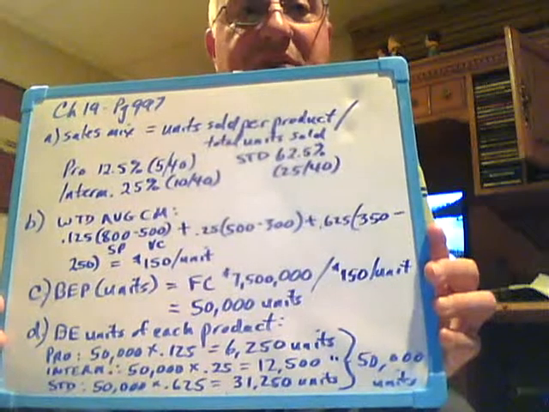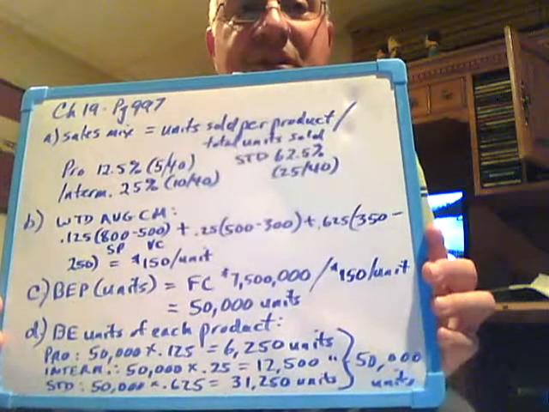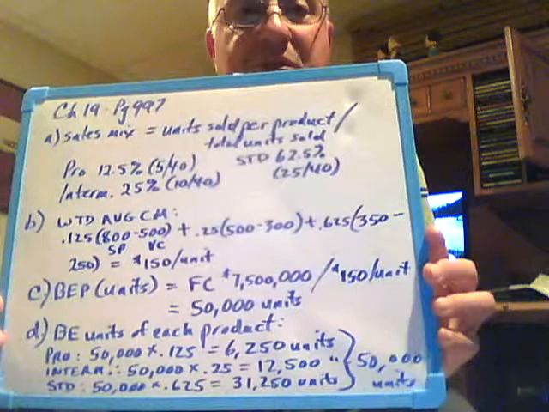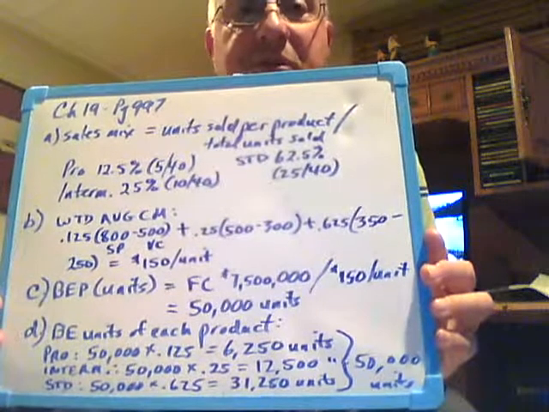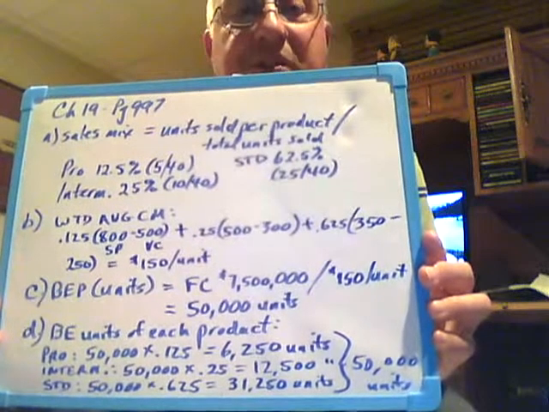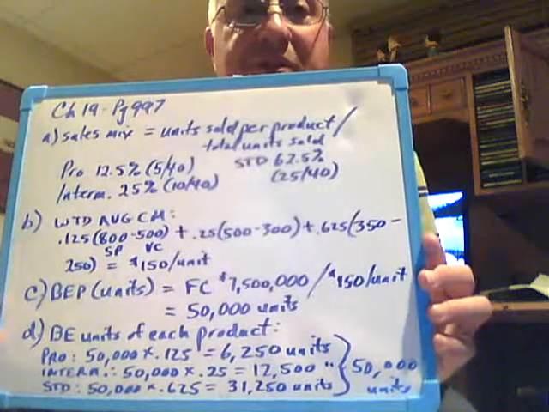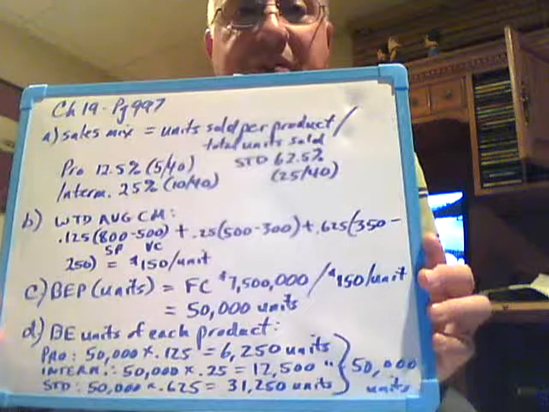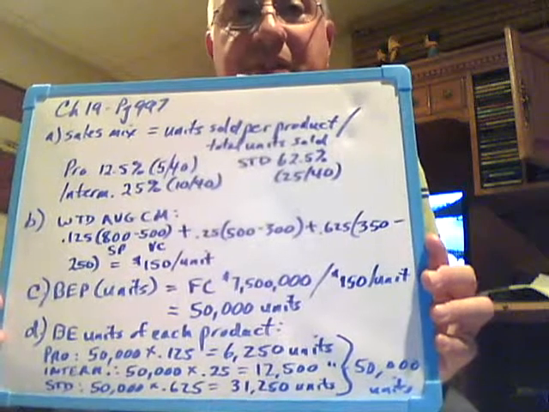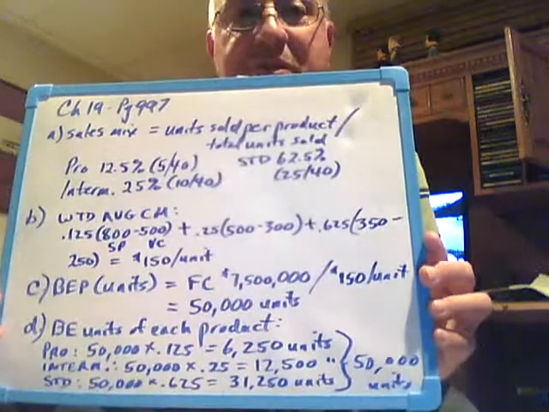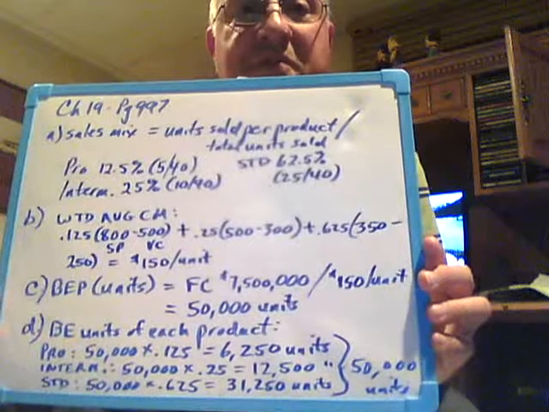And finally, the standard is 50,000 times 62.5% or 0.625 equals 31,250. And again, the check on your work there is to add those three figures together: 6,250, 12,500, 31,250. You should get your 50,000 units of break even.